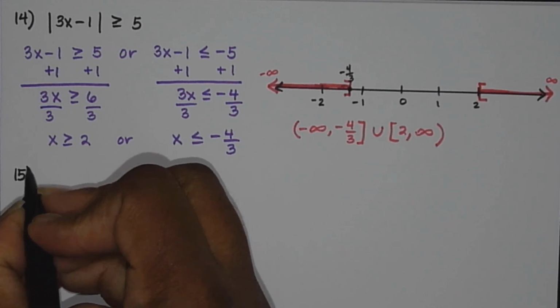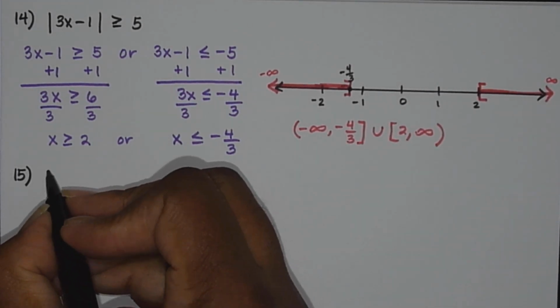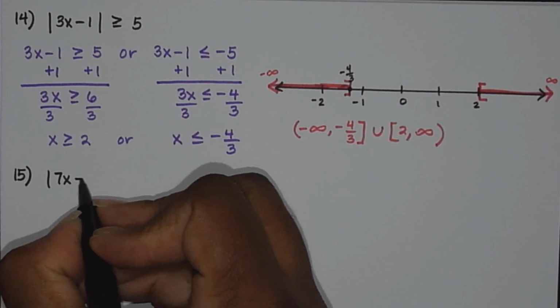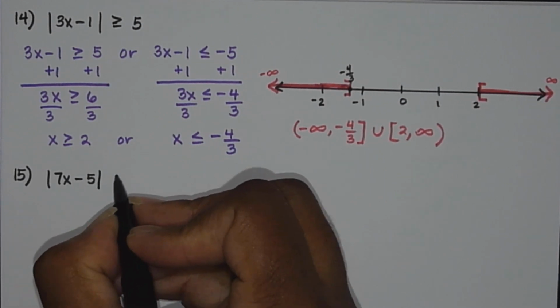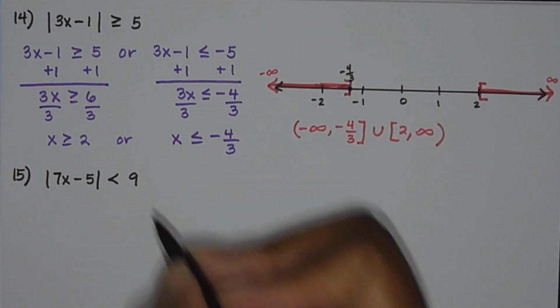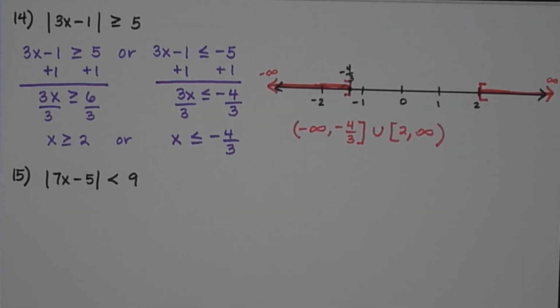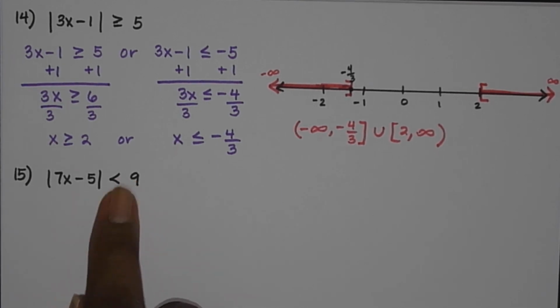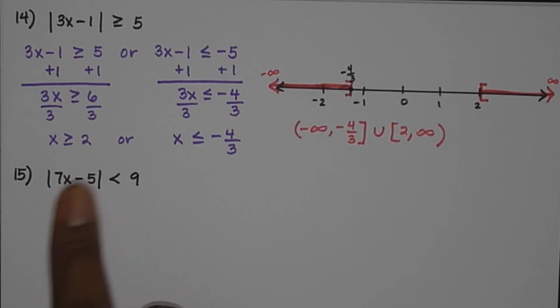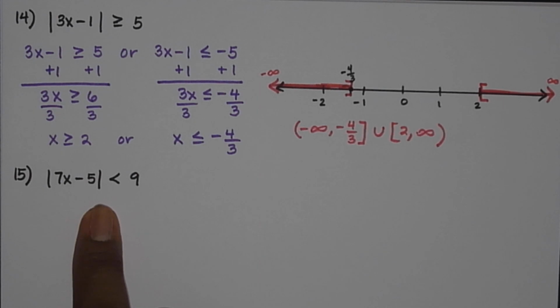And finally, number 15. Here we got absolute value of 7x minus 5 is less than 9. And again, we're going to solve and graph the solution set on a number line and write that solution set in interval notation. So in this case, our inequality symbol is less than, and we do have the absolute value by itself here.